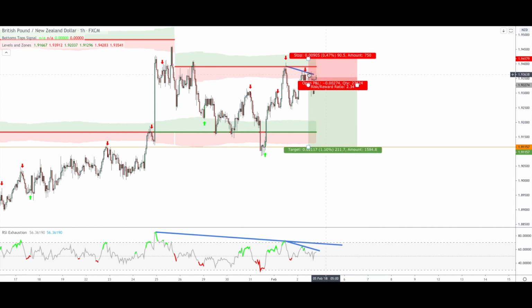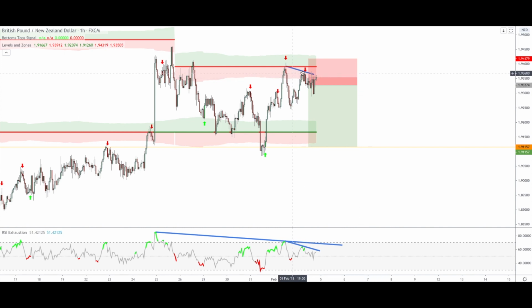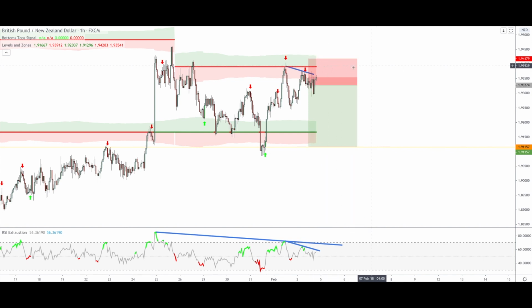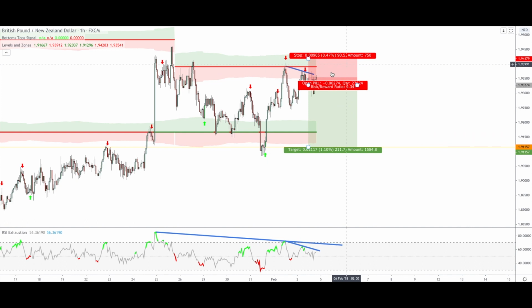And then even if the price comes all the way up here, then we are protected a second time additionally by this major resistance. So this stop loss is extremely safe, so I'm very confident that the price is not going to create any issue within this area for us.